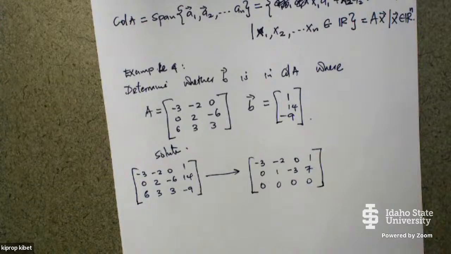Now, since the last row here is 0, 0, 0, it is not contradictory, right?